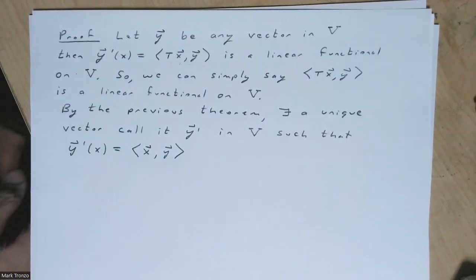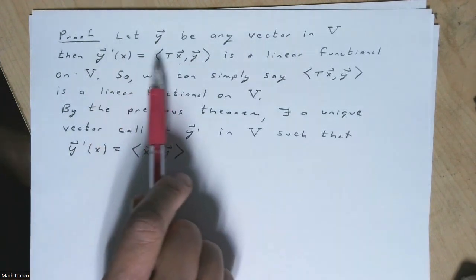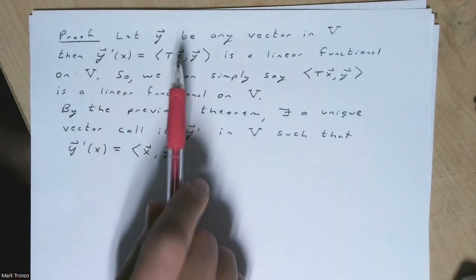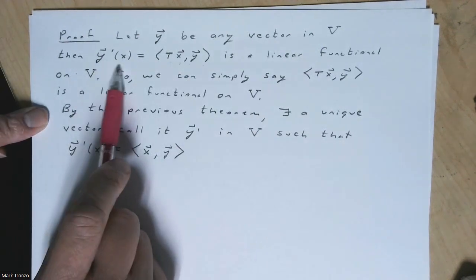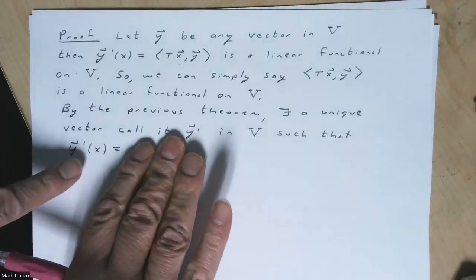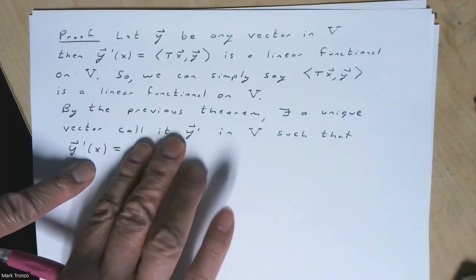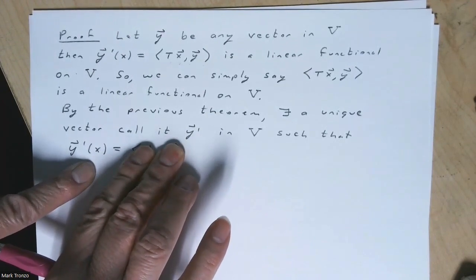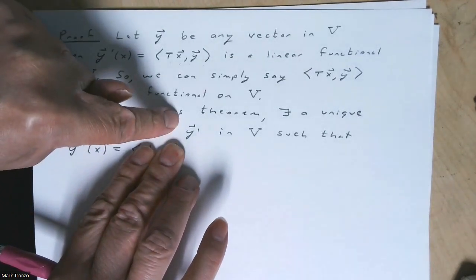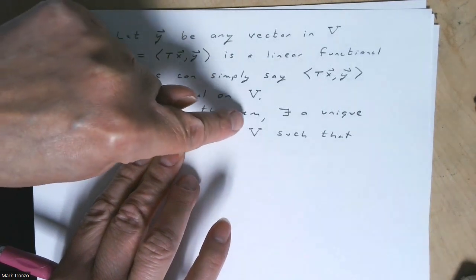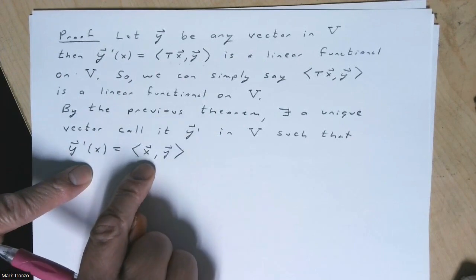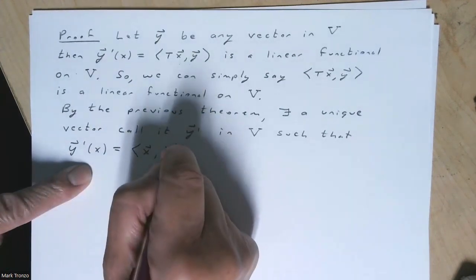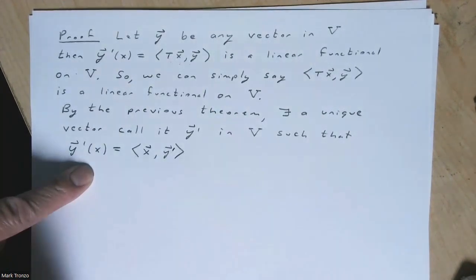So let's see what we have so far. First, we define this linear functional this way. And by the last theorem, if we have a linear functional, we can find a unique vector, which this time we'll call y prime in V, such that the functional equals the inner product of x and y prime.